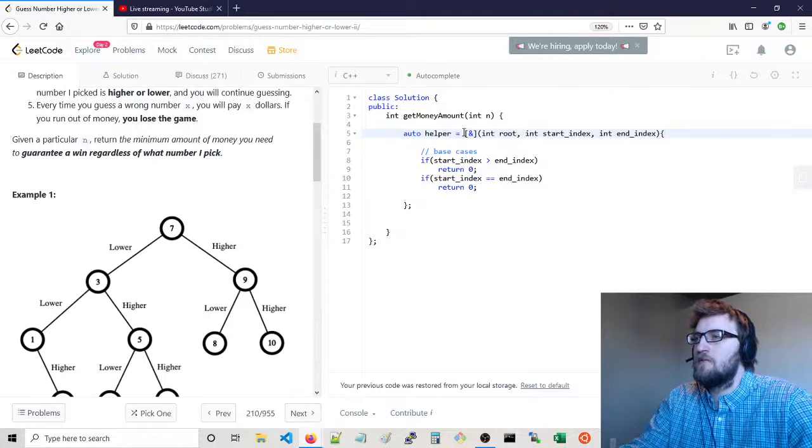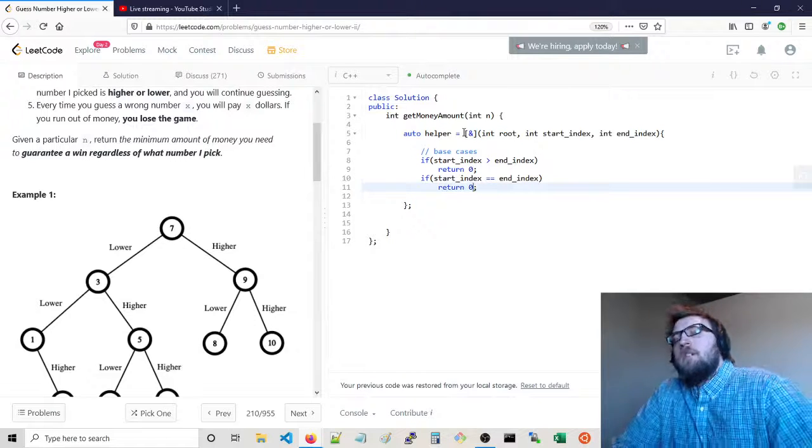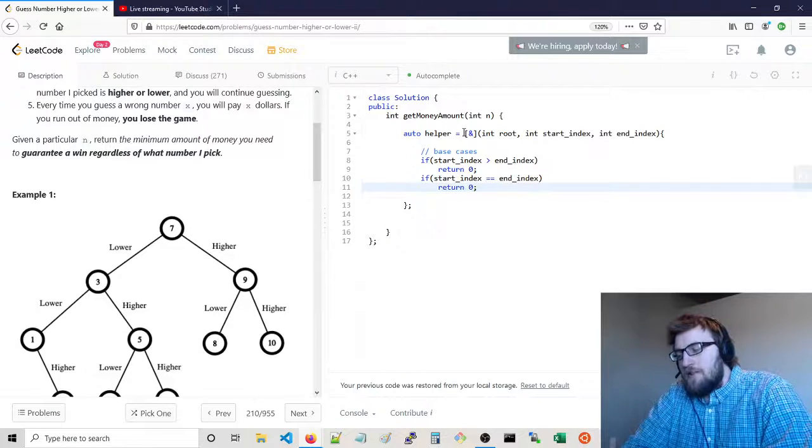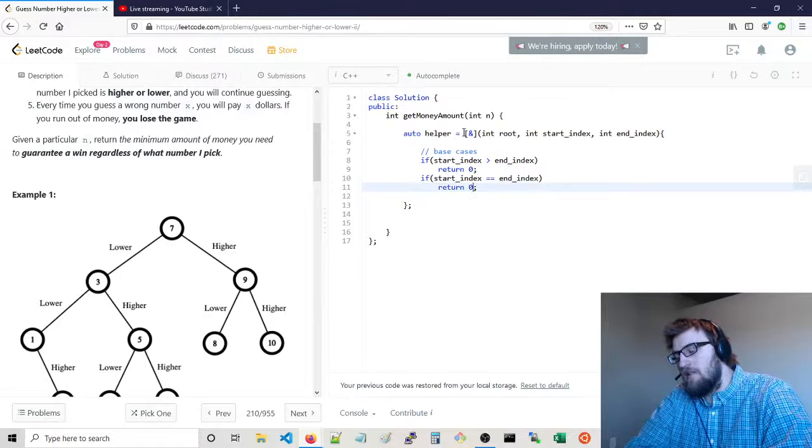Select a root value. You have a left and a right. You break into two subcases, the left and right subcases, and you add the solution on the left subcase and the solution on the right subcase.